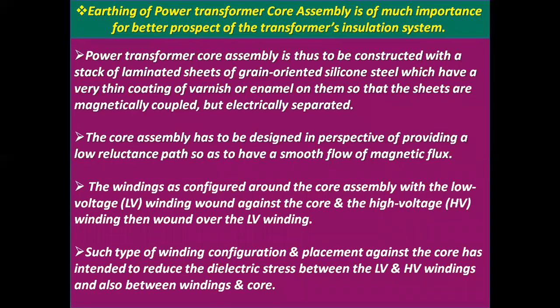Earthing of power transformer core assembly is of much importance for better prospect of the transformer's insulation system. Power transformer core assembly is thus to be constructed with a stack of laminated sheets of grain-oriented silicon steel, which have a very thin coating of varnish or enamel on them, so that the sheets are magnetically coupled but electrically separated.